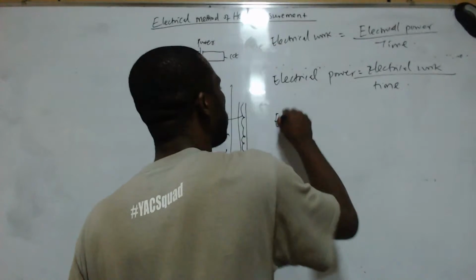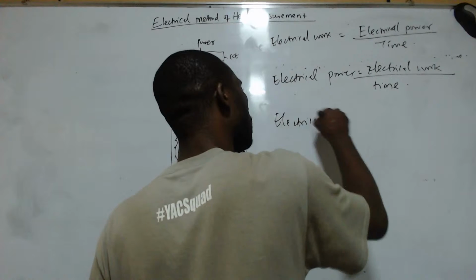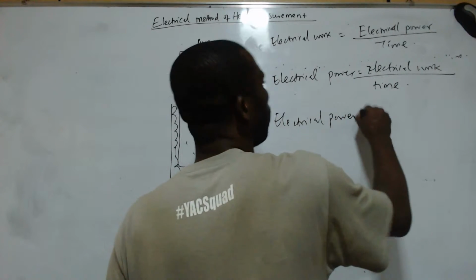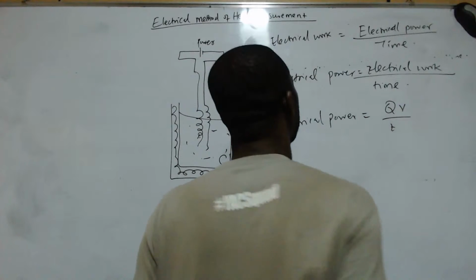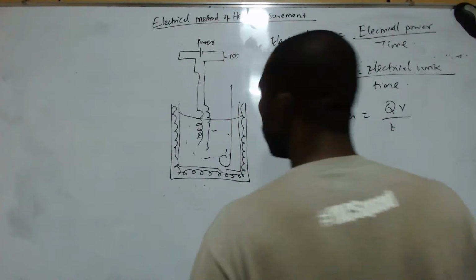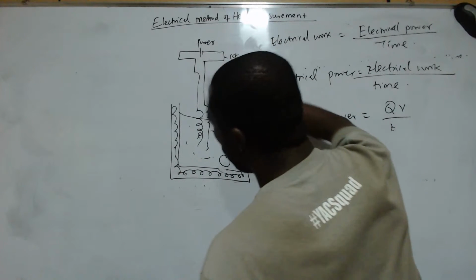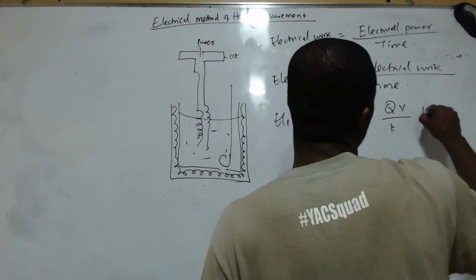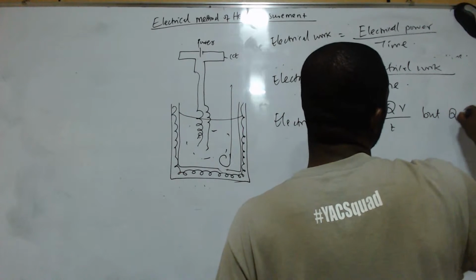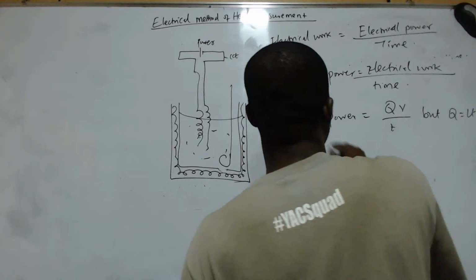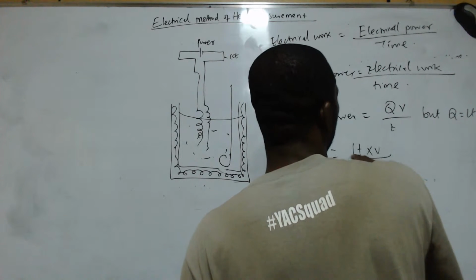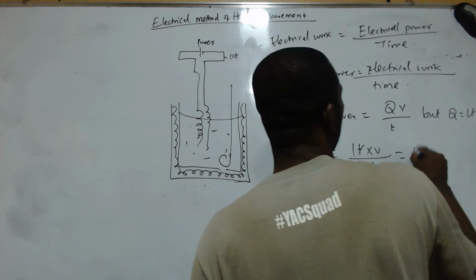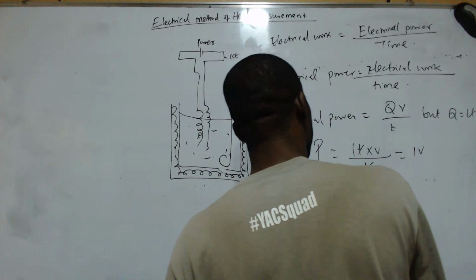So we have that electrical power is equal to QV over T. But Q, the quantity of charge that flows through this coil, is equal to IT. So power is equal to what? IT times V over T. This will cancel this. So we have I. So power is equal to I.